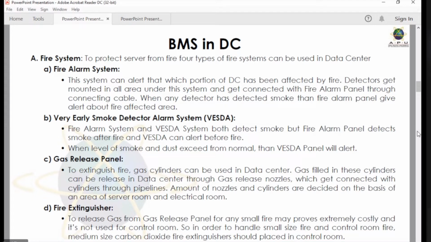So to handle small fires and control room fires, a medium-size carbon dioxide fire extinguisher should be placed in the control room. सानो फायरको लागि पुरै gas release गर्दाखेरि it might be costly, so for small fires fire extinguishers are used. So one of the critical components to monitor in BMS is the fire system.